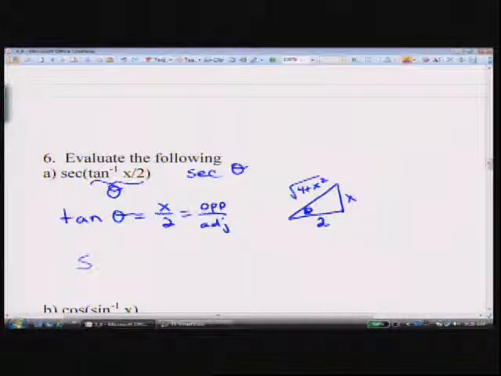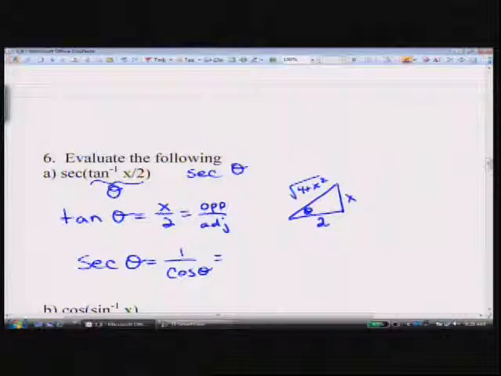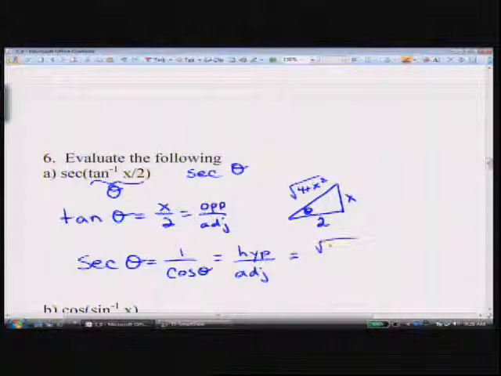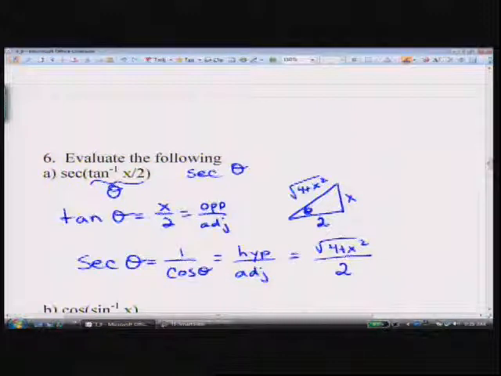So now the secant of theta is the same as looking for 1 over the cosine of theta, or if you think the cosine is adjacent over hypotenuse, so this is going to be hypotenuse over adjacent. The hypotenuse is square root of 4 plus x squared over the adjacent, which is 2. Make sense?